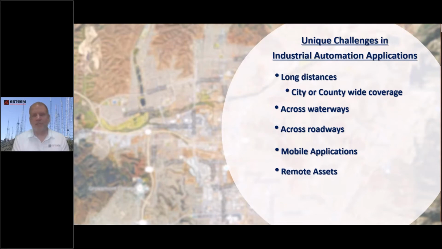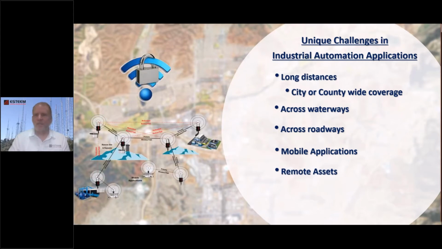We're typically dealing with longer distances, which can be citywide or countywide coverages. We're going across waterways and roadways, and we've got mobile applications. Basically, we're dealing with a lot of remote assets. When we get into these types of challenges, this is where wireless makes the most sense, right? So this is where we want to get into the meat of what we're talking about today.